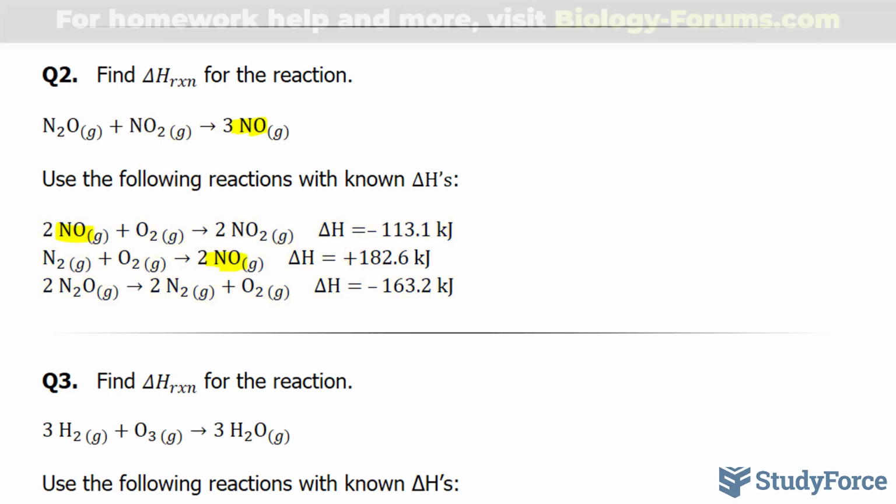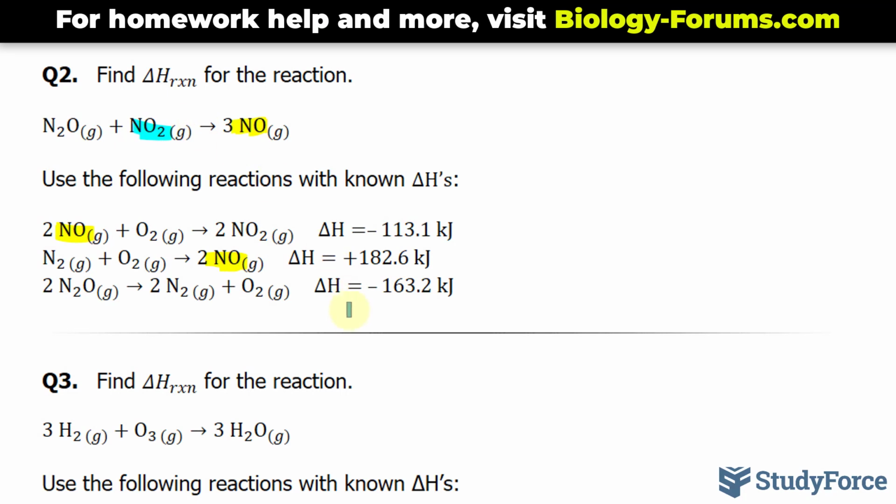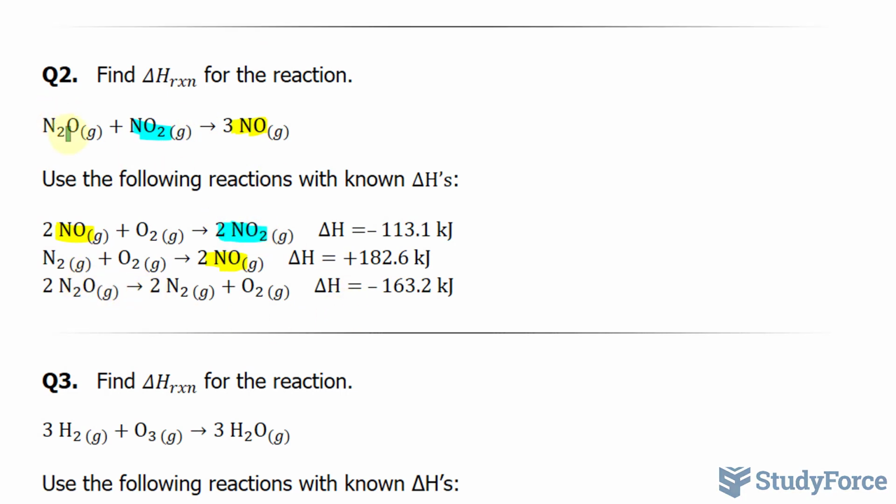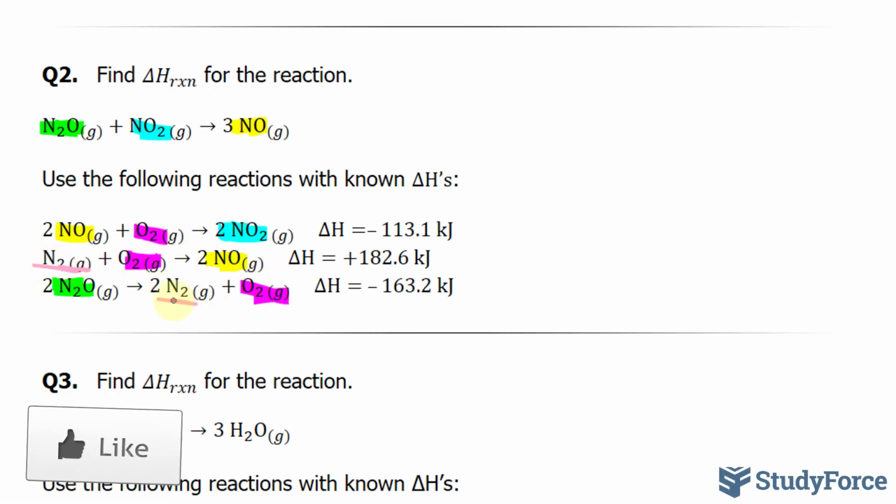Now, NO2. NO2 is found over here, and that's it. N2O is found over here, and that's the only place that it's found. Otherwise, we have these oxygen molecules and these N2 molecules that are not found in the final reaction.